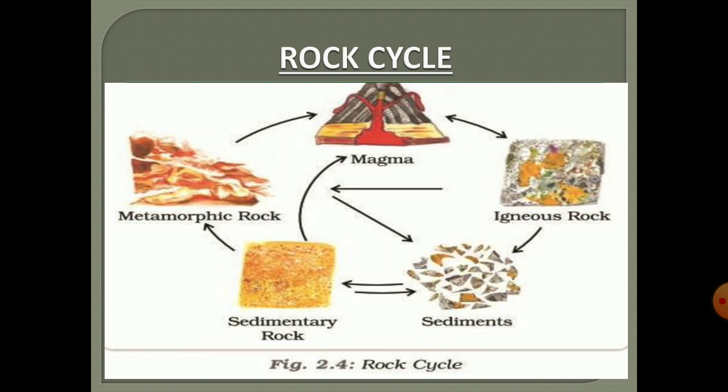And the metamorphic rocks, when still under great heat and pressure, melt down into molten magma, which again can cool down and solidify into igneous rocks. So the cycle goes on, and rocks are made and change their form.